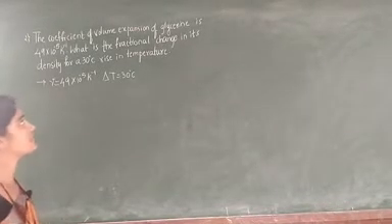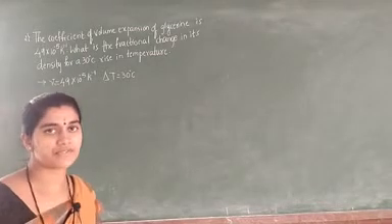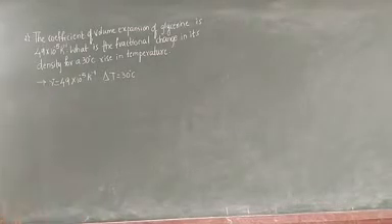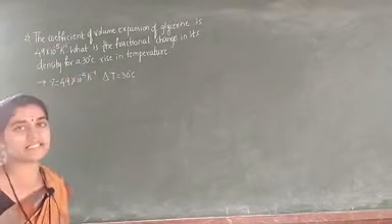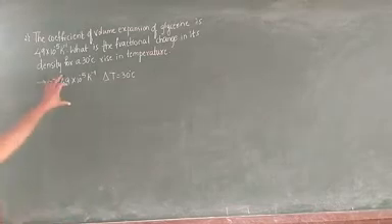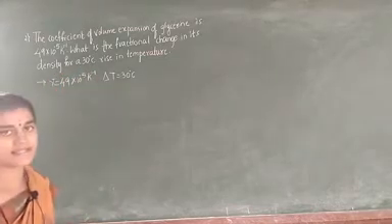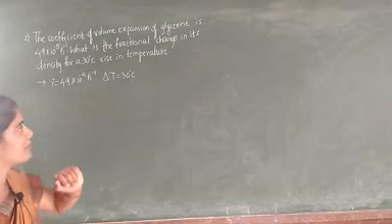The coefficient of volume expansion of glycerin is 49 into 10⁻⁵ per Kelvin. What is the fractional change in the density for a 30 degrees Celsius rise in the temperature?